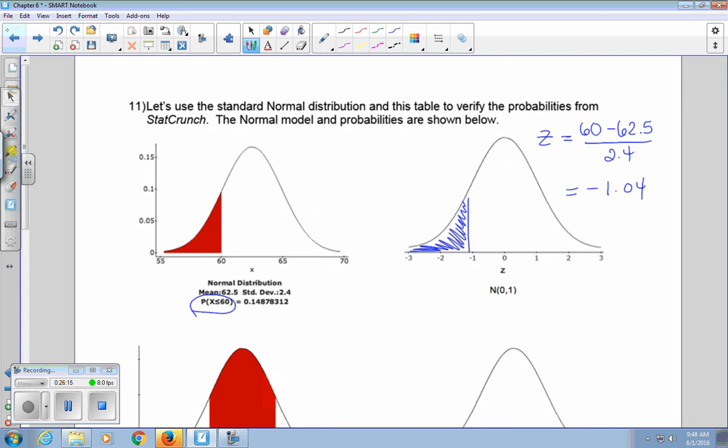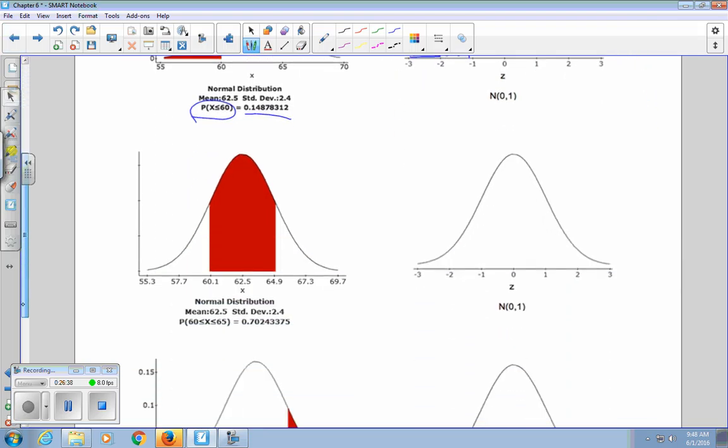So going back over here, we find out that the probability is 14.92%. And that matches pretty closely with what StatCrunch found.